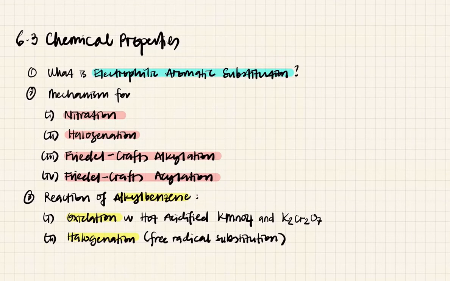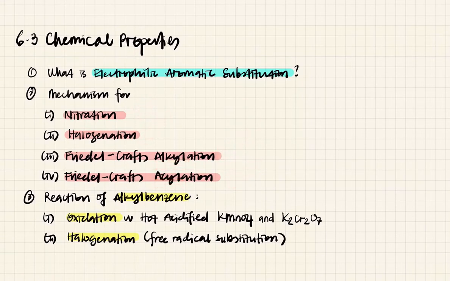Alright guys, so we're going to continue with part 2 of benzene, that is the chemical properties of benzene. So kita akan tengok what is electrophilic aromatic substitution. We're gonna look at the reactions that benzene can undergo, which is nitration, halogenation, Friedel-Crafts alkylation, Friedel-Crafts acylation.